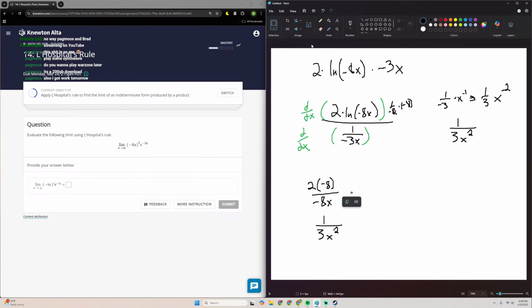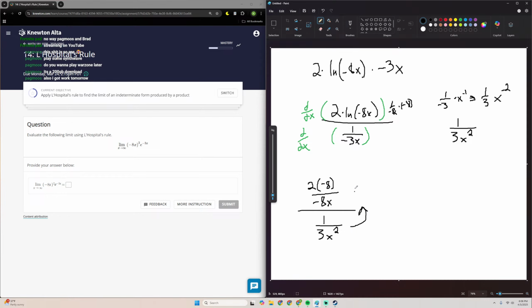Divide this whole thing by that. 2 times negative 8 divided by negative 8. Just 2. So this just becomes 2x.